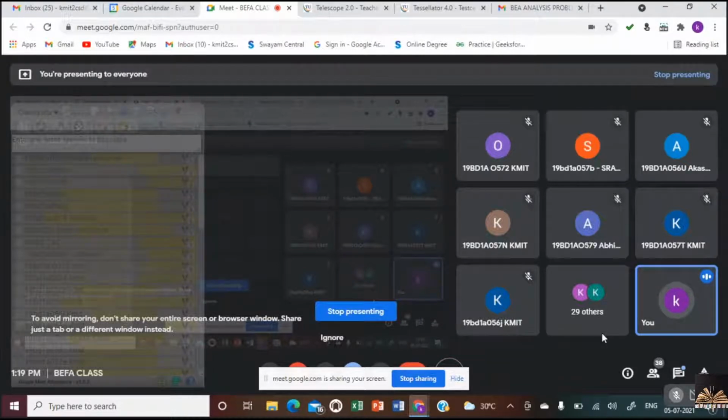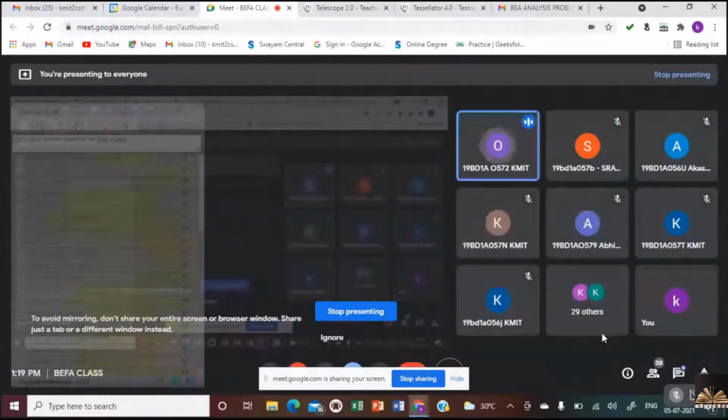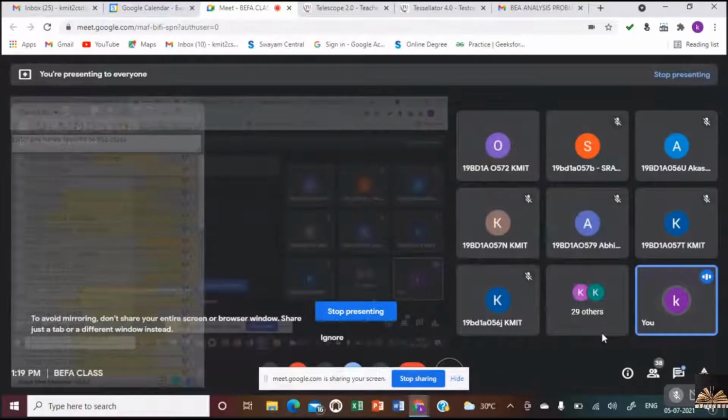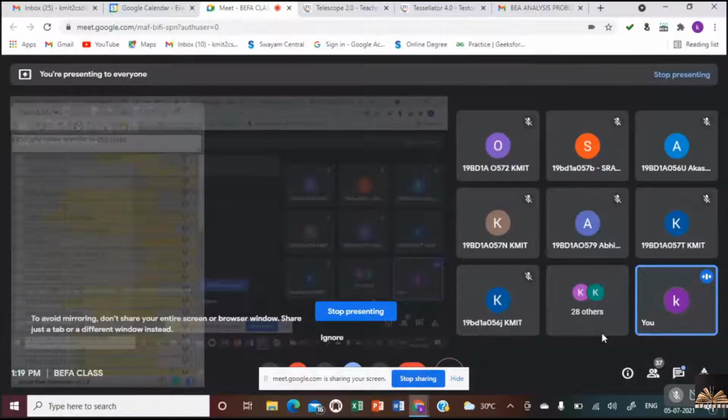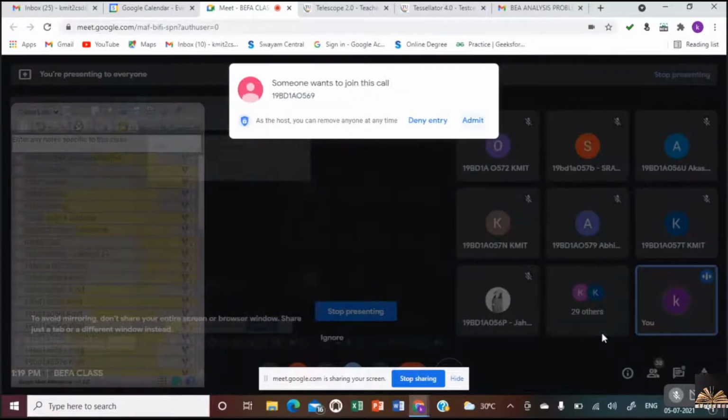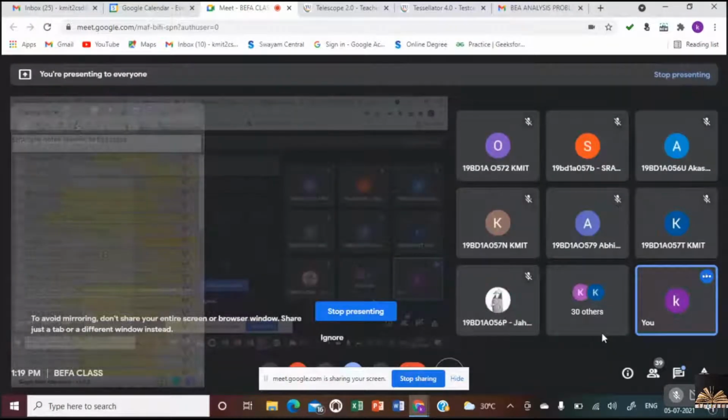Can anyone say why it is 650? He requires 150 and 500 he can sell in the market outside. So the total demand is 150 for his own factory and 500 for the others to sell. So the total demand would be 650.